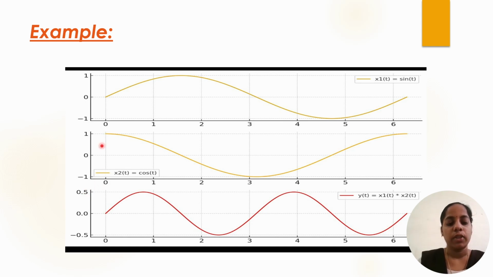Here the amplitude is minus 1 to 1, and the time period is 0 to 6. This is the signal x2 of t, cos of t, and we multiply this x1 of t with x2 of t, we get y of t as a signal. This is the signal for multiplication of signals.